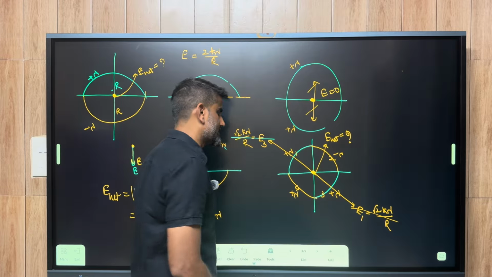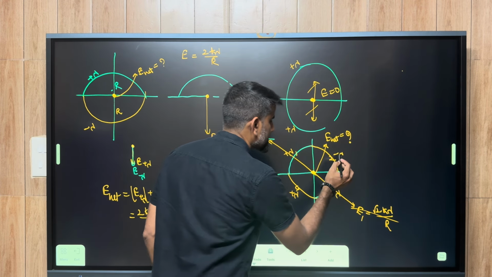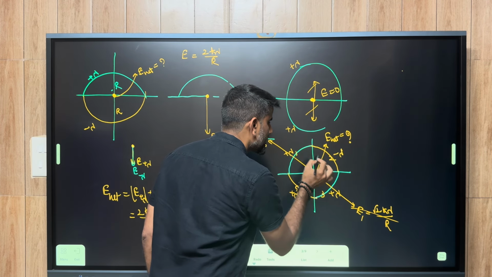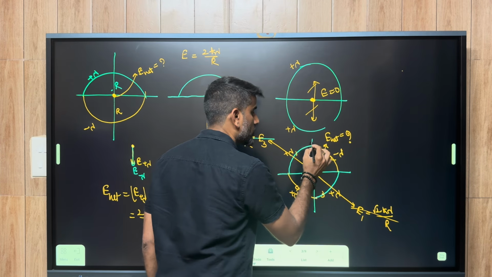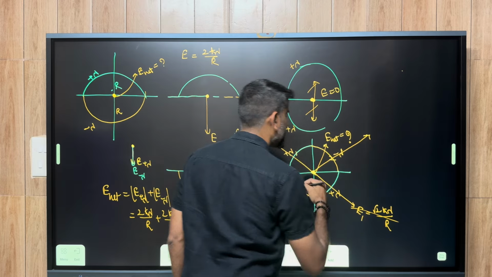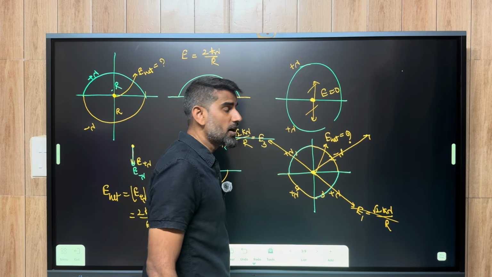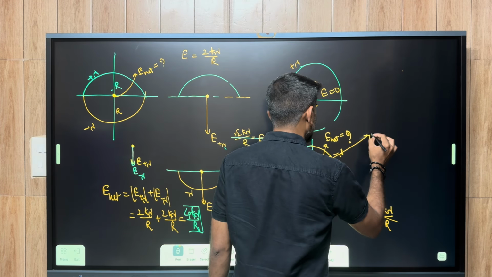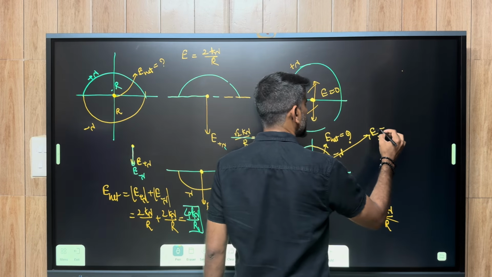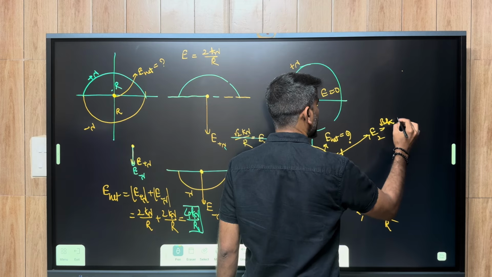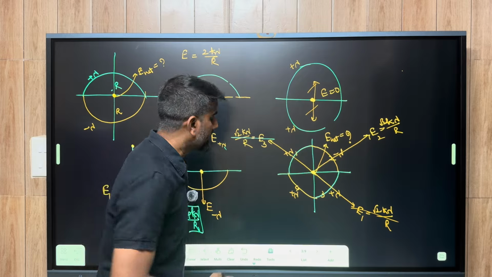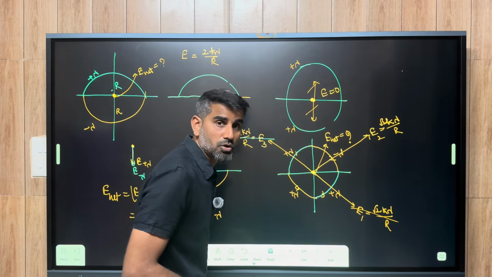Okay, now coming to the next case. As this is minus lambda, the field due to this quarter circular arc is towards the arc, towards the negative charge. This is E2, which is equal to root 2 k lambda by r, in this direction. And we are left with the fourth quarter circle.